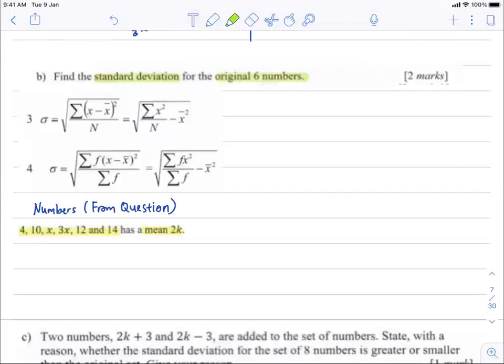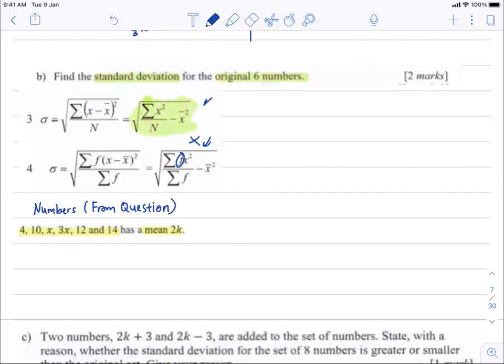So to find standard deviation, we need to use a formula which we can get from the formula sheet. For this question, we use the equation number 3, this one. We are not using this one because it has an f. For this question, we only have the numbers, but we don't have the frequency f.